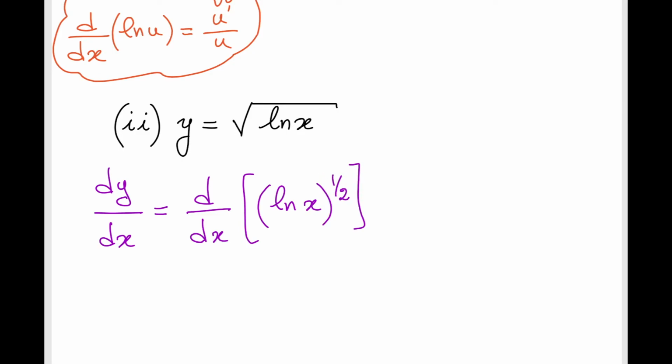And this is equal to, by the chain rule, if you think about this whole thing as being a function of x, the derivative of this guy with respect to ln of x. How about we call this guy v, just to see it better? This is then equal to the derivative of v to the power half with respect to x, by the chain rule.